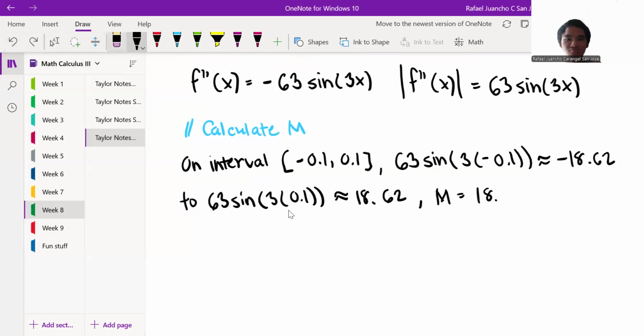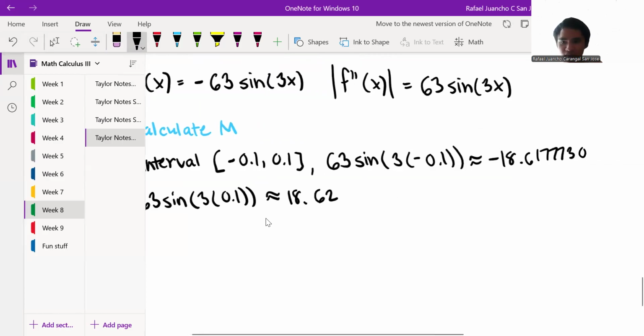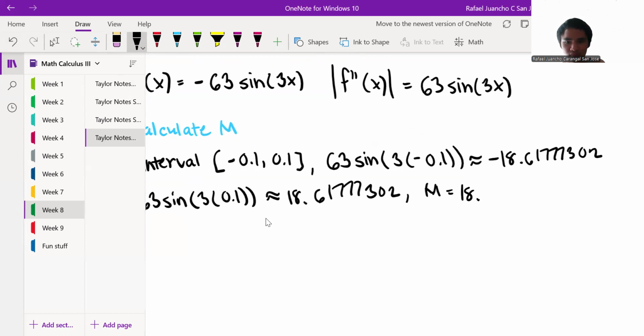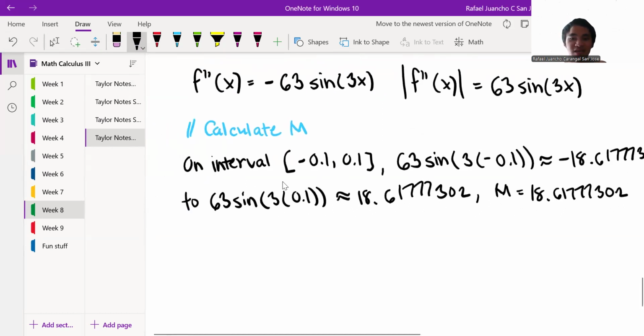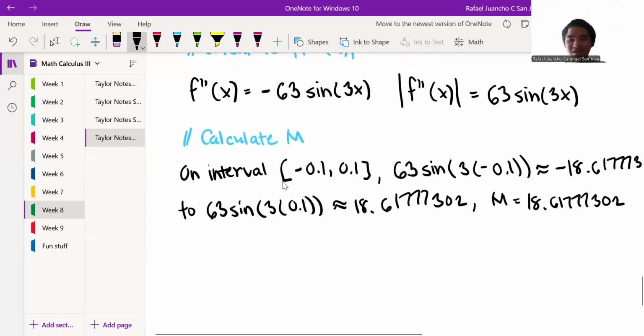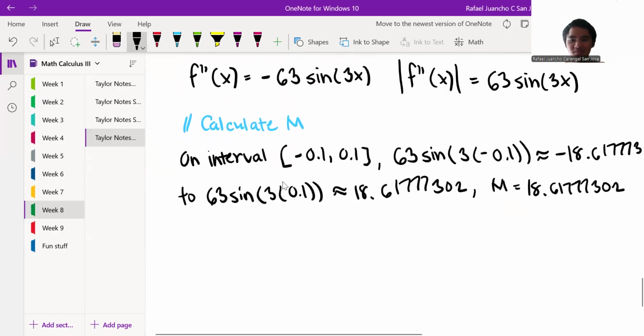Or let me keep the whole thing intact. Why not? So just to keep the whole thing intact, I'm gonna say 6177730, we also have that 3 sevens. So M is equal to that. I want to be as precise as I can. I wanna avoid making too many errors here.